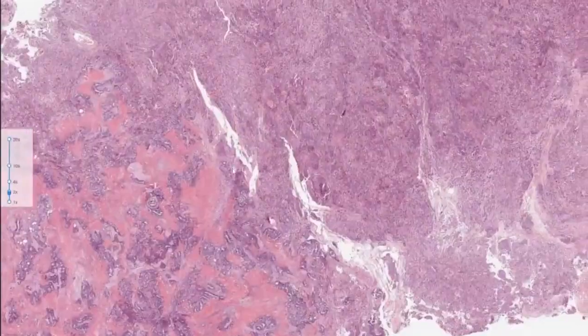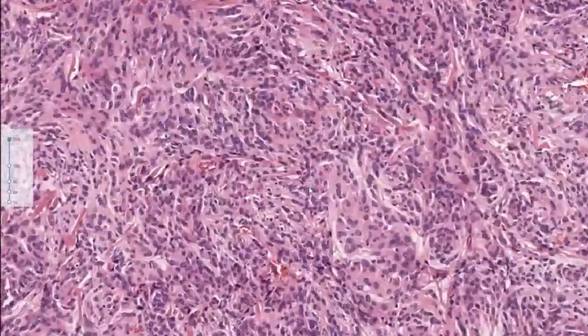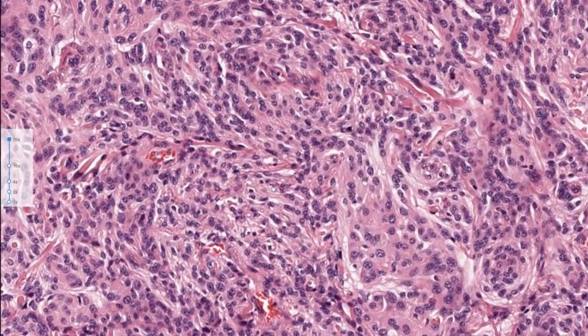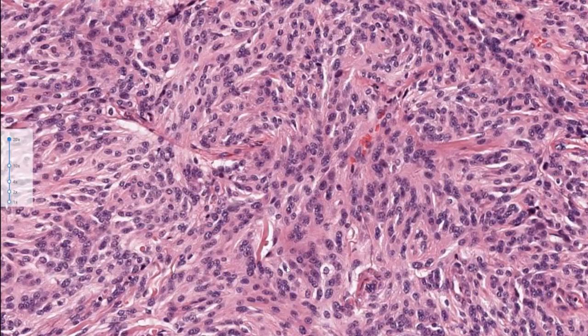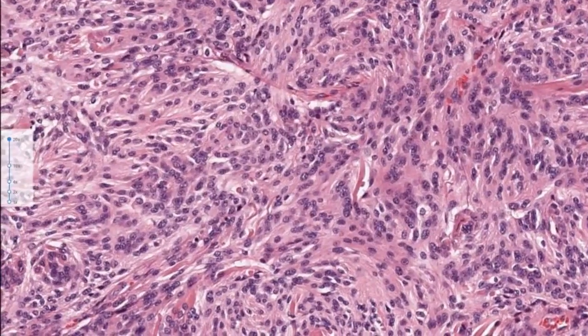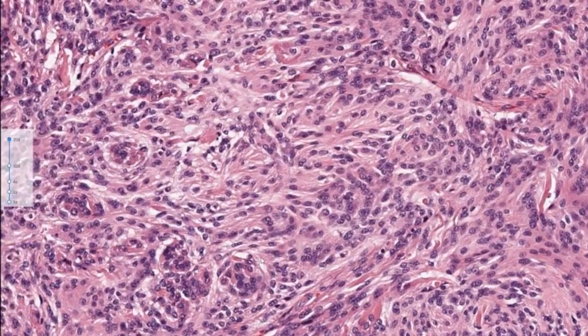And this is what we have. Certainly you have areas that are classic meningothelial meningioma. You have a syncytial pattern of growth. That means the junctions are so tight that you're not seeing the cell borders. Cells are oval to round.